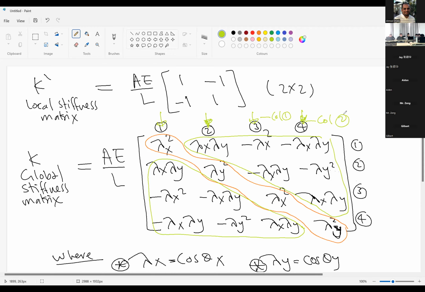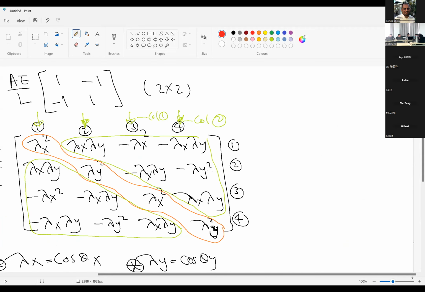So this is a symmetric matrix, and we have column 3 as negative column 1, column 4 as negative column 2. This is based on having a global inclined member with global coordinates.